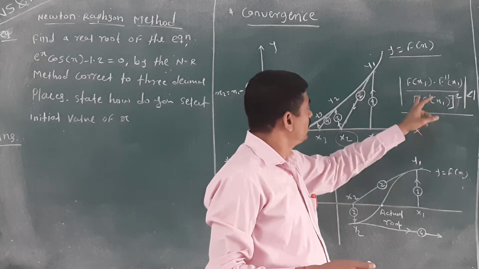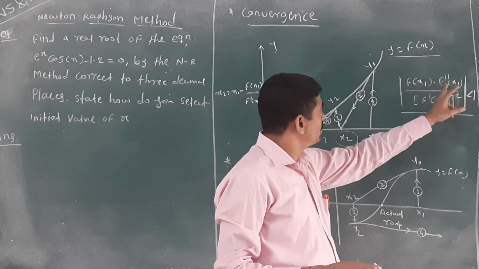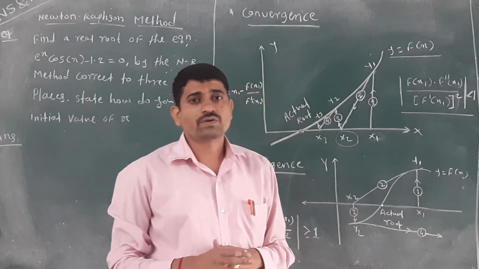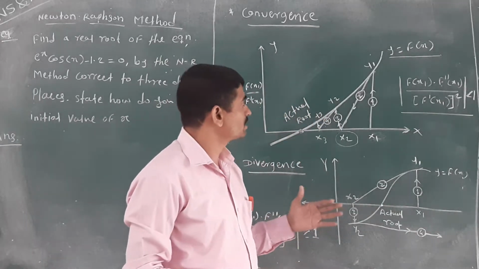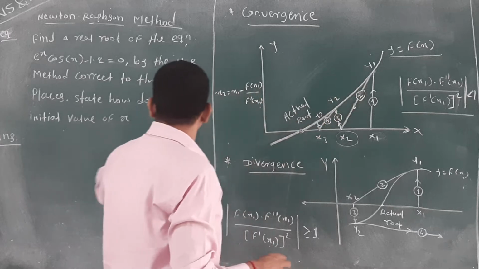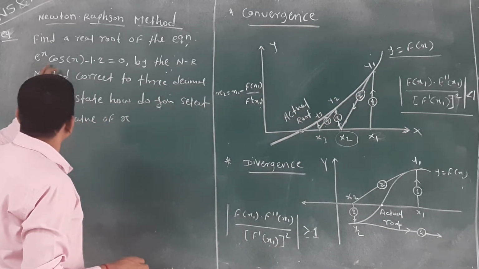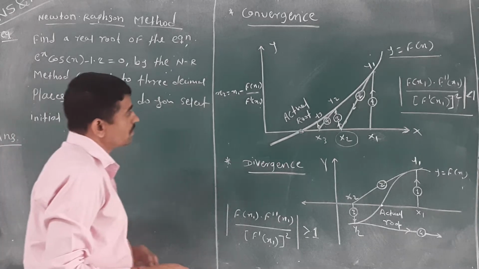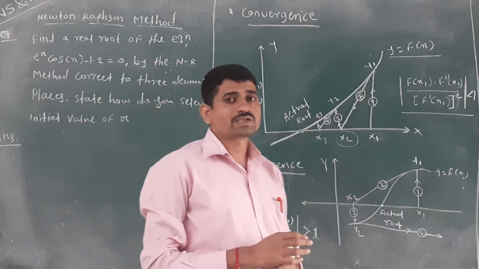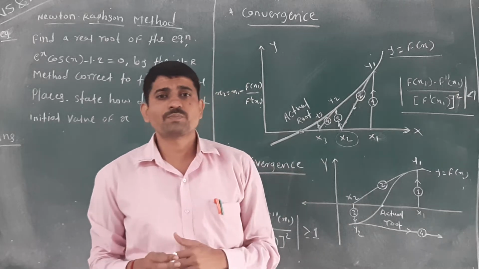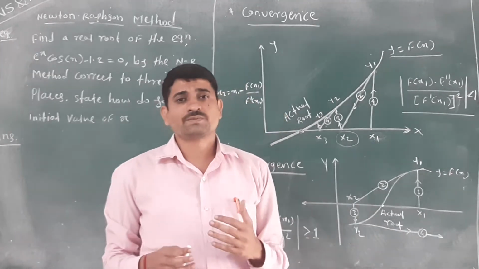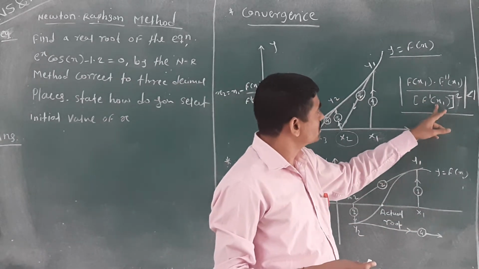Are all of you getting how to calculate the value f double dash of x1 or f dash of x1? If you know the given function f of x, suppose the given function is f of x equal to 2x cos x minus 1.2 is equal to 0, then you differentiate that function with respect to x and you will get f dash of x.